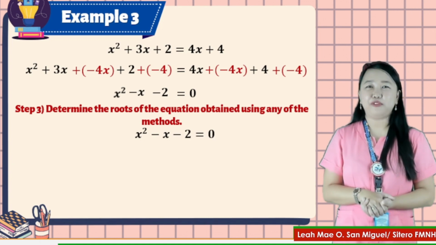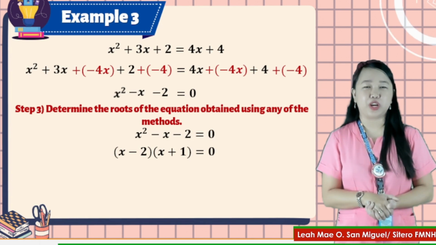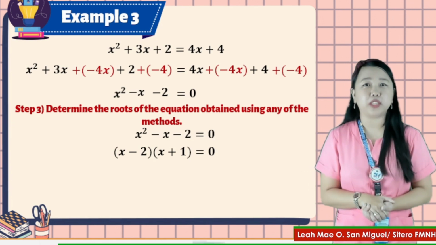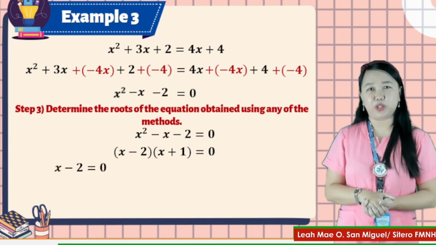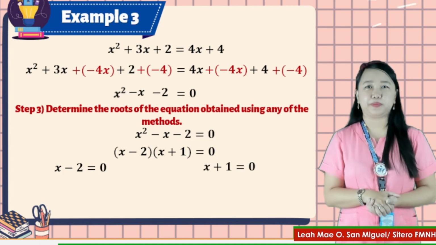Perfect. We have x minus 2 times x plus 1 is equal to 0. Separate the two factors using zero product property. We have x minus 2 is equal to 0 and x plus 1 is equal to 0.